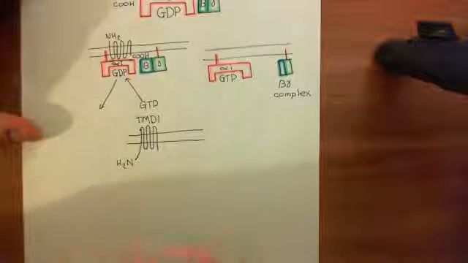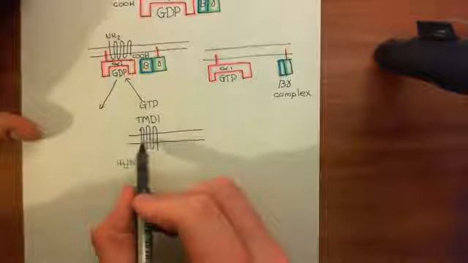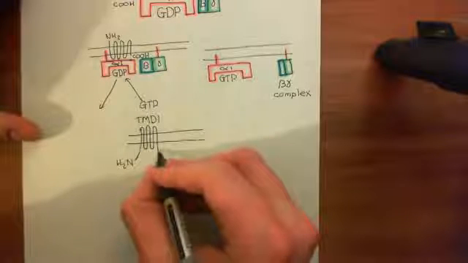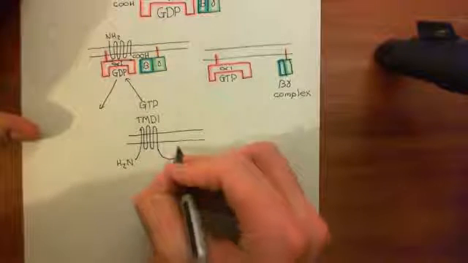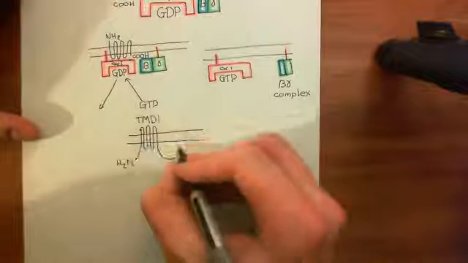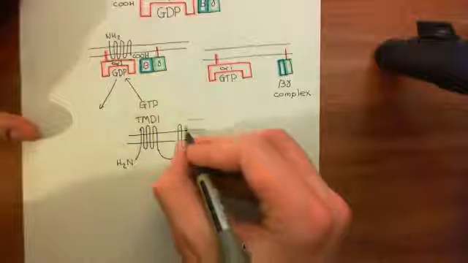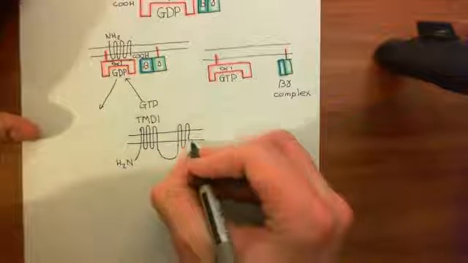So the same sort of notation as we had for G protein coupled receptors, except that this time it's 6 membrane spanning alpha helices all together that make up transmembrane domain 1. Then you have a loop between transmembrane domain 1 and transmembrane domain 2, which also has 6 membrane spanning alpha helices.